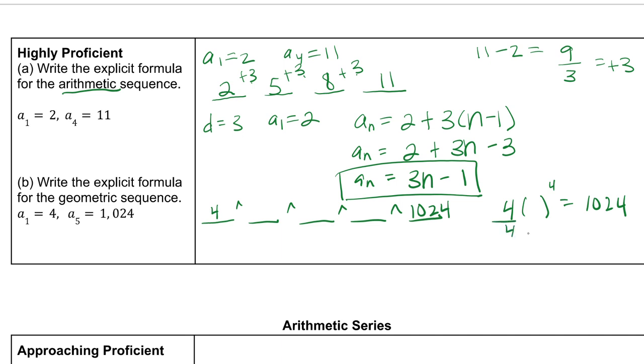So I'm going to solve this by dividing by 4. Using the calculator, 1,024 divided by 4, and we get 256. So there's a number that, raised to the 4th power, is 256. And in order to get rid of that, we would raise this to the 1/4 or take the 4th root.